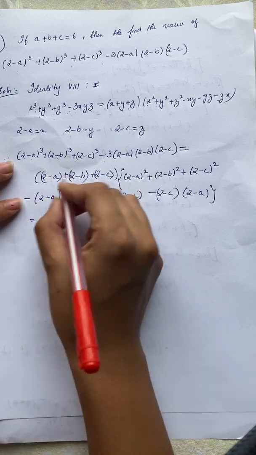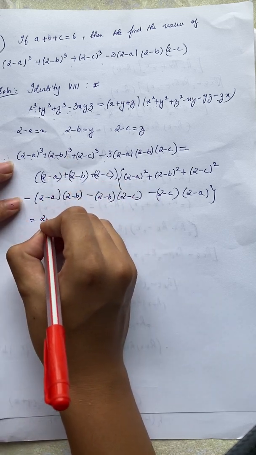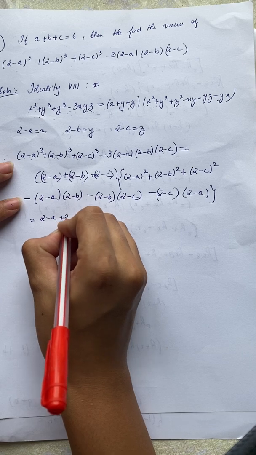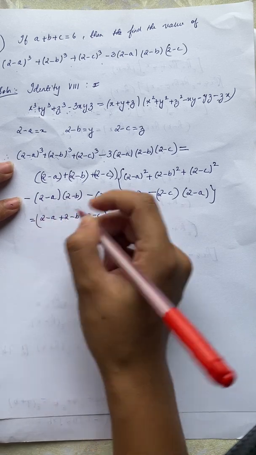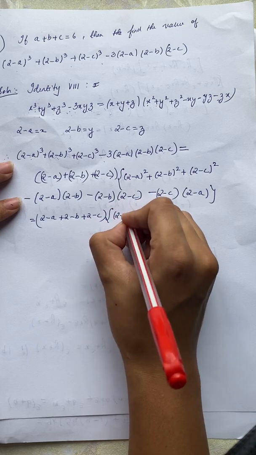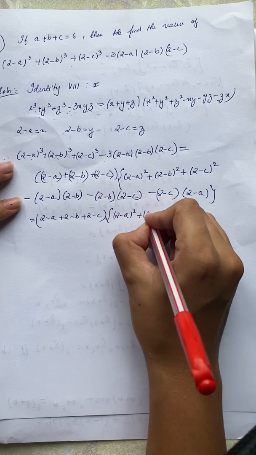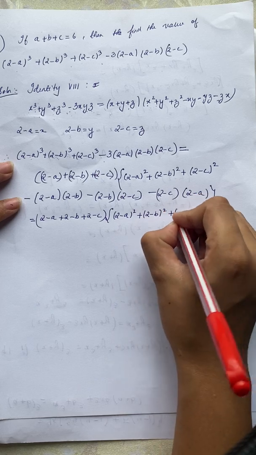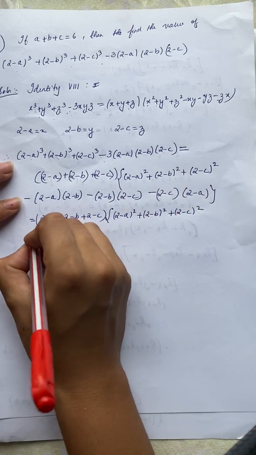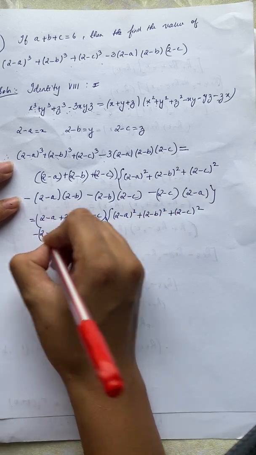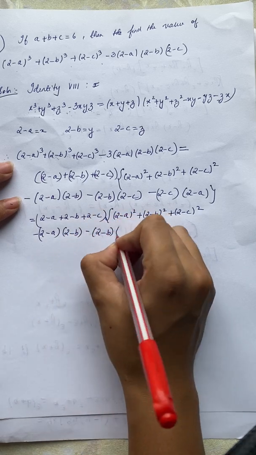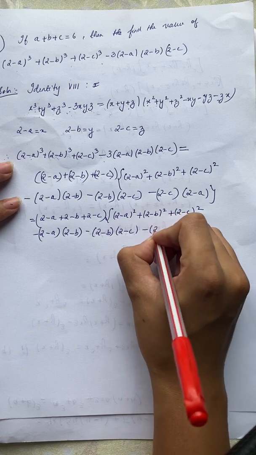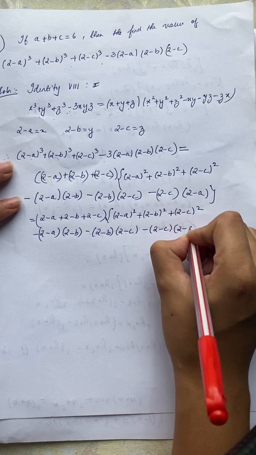Now look at this, open up the bracket for this: (2 minus a plus 2 minus b plus 2 minus c). This step was not really needed, but let's write it either way. (2 minus a) square plus (2 minus b) square plus (2 minus c) square minus (2 minus a) into (2 minus b), I'm just writing the formula, minus (2 minus b)(2 minus c), minus (2 minus c)(2 minus a).